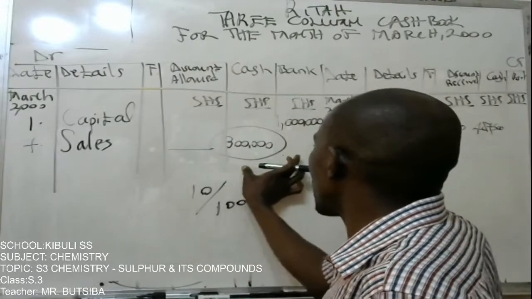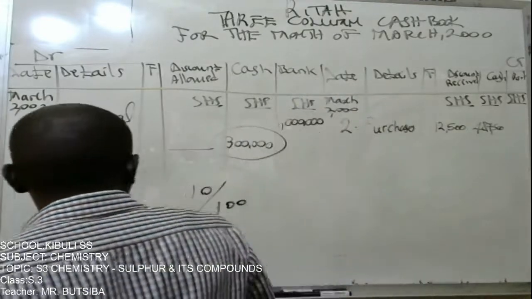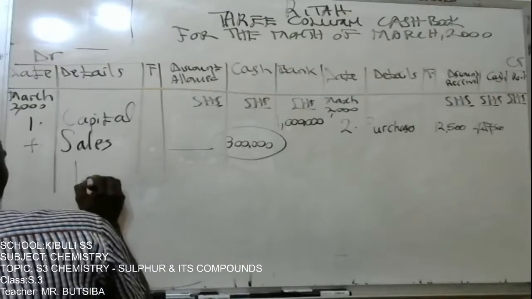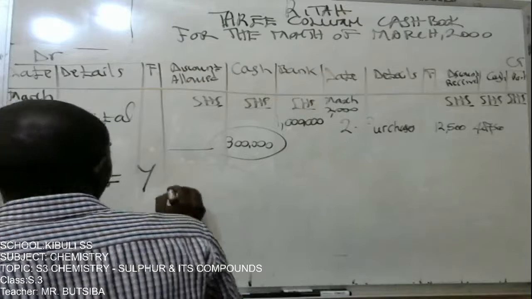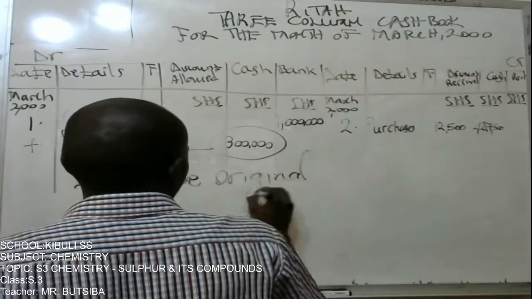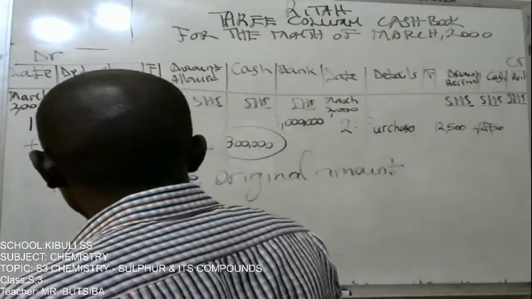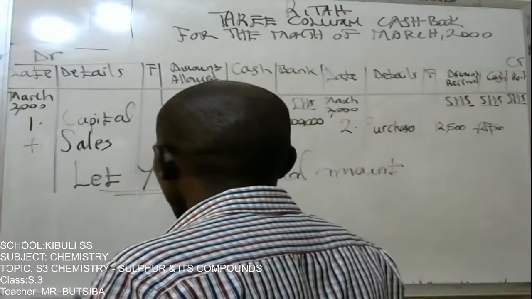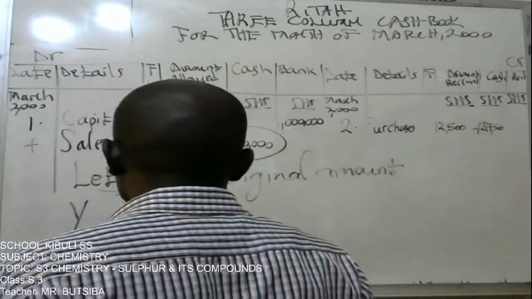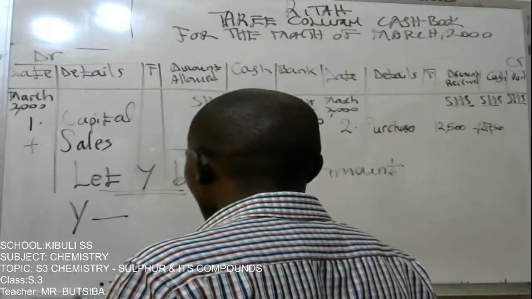That's why we are creating an assumption and we are saying, let the original amount be Y. So you had your Y, which is the original amount. When you subtract the discount, how much is the discount?